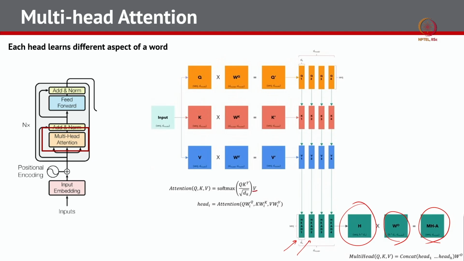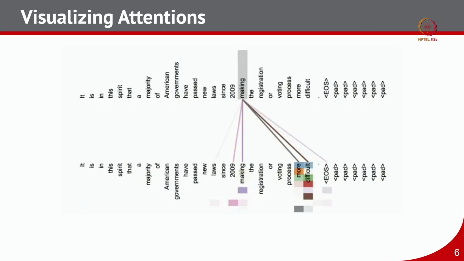Now, why did we actually need multiple heads? Remember, as a human being, when we analyze a sentence, we try to analyze different aspects of the sentence.